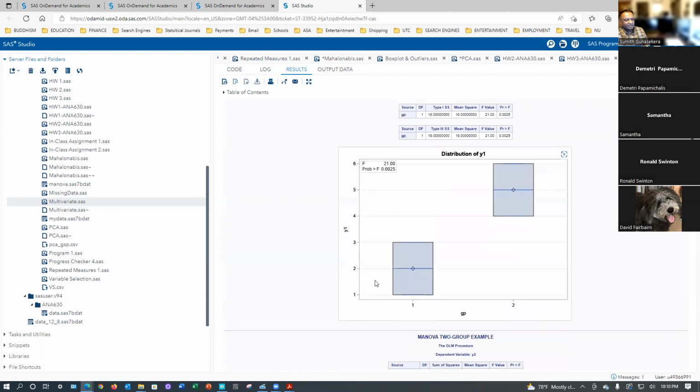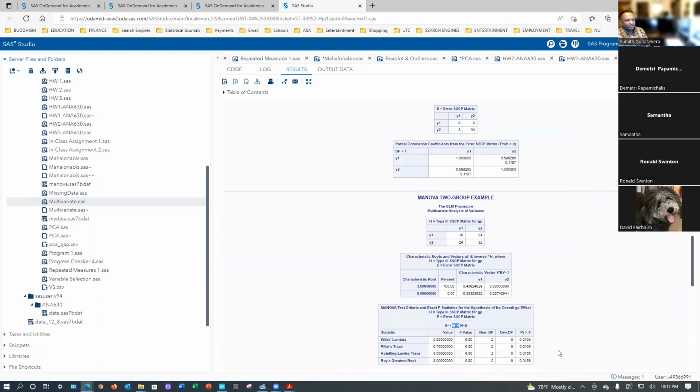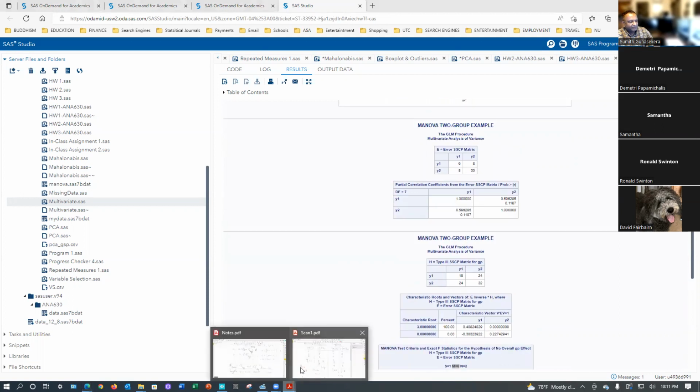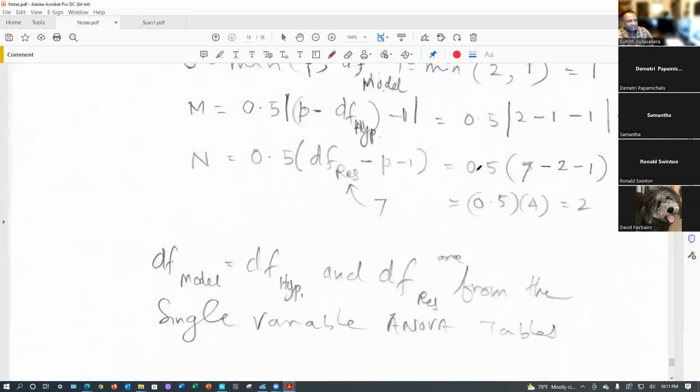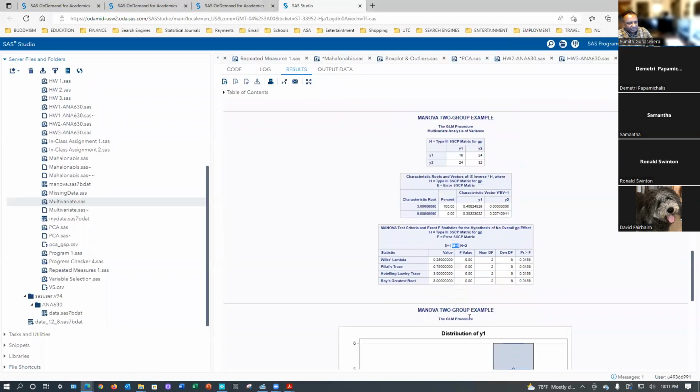ANOVA for Y1, ANOVA for Y2, and MANOVA for Y1 and Y2 at the same time, assuming that there are 2 groups and within each group there are 2 variables. So if you calculate that one, 3.57 minus 2, 2. You see 2? Yes.